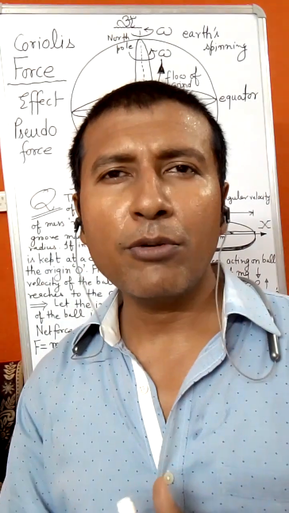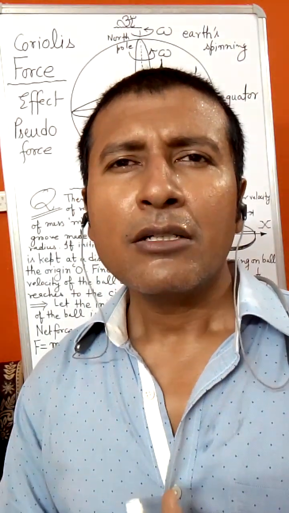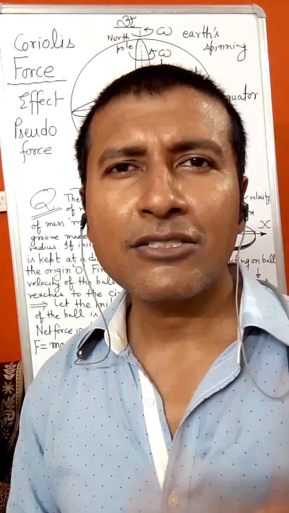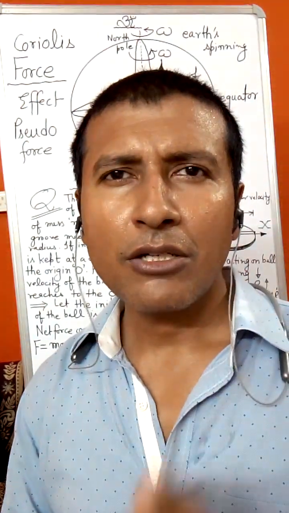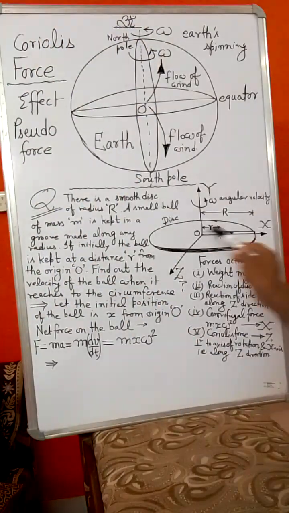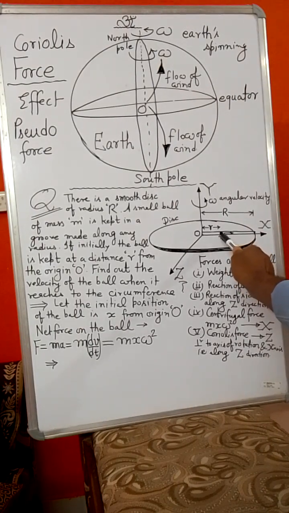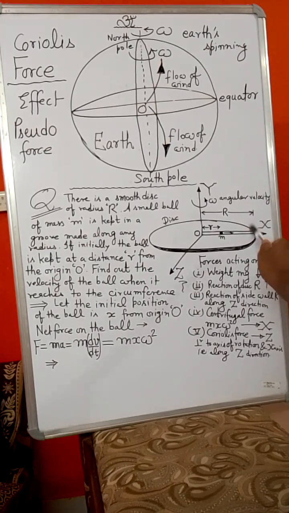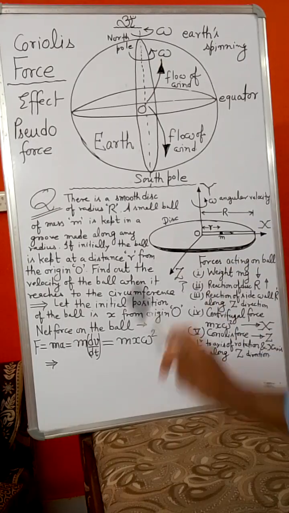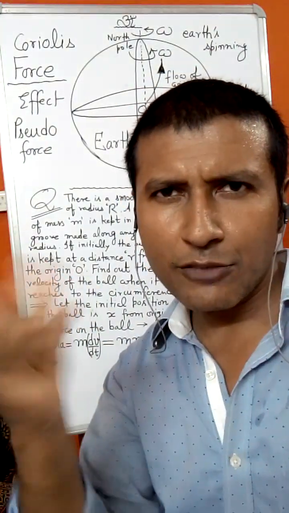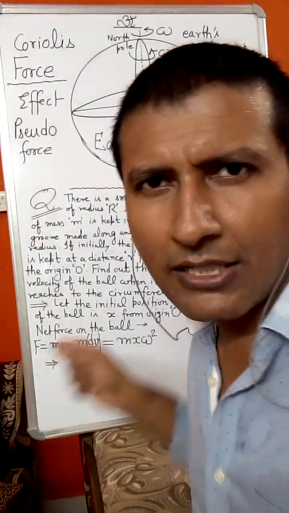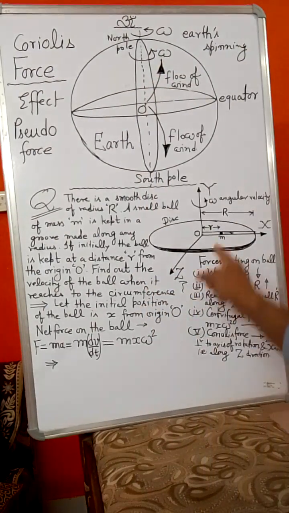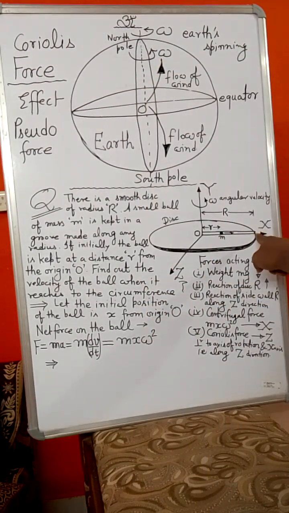Now this problem can be solved by considering a variable position. This ball is moving from this point to this point due to the spinning of this disc. The disc is spinning like this, so definitely the tendency of this ball will be towards the circumference, towards this point.